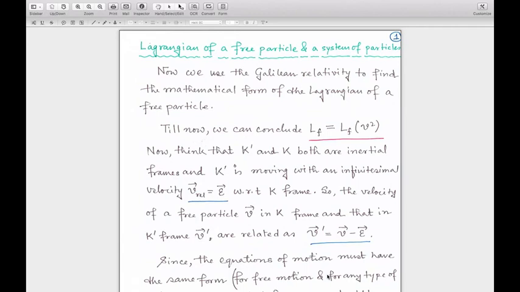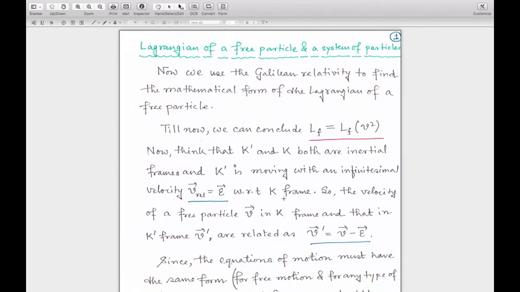But when we concluded that a free particle has the property of constant velocity, we could associate that with another inertial frame of reference. And finally we realized that what we started with was not an illegitimate approximation.